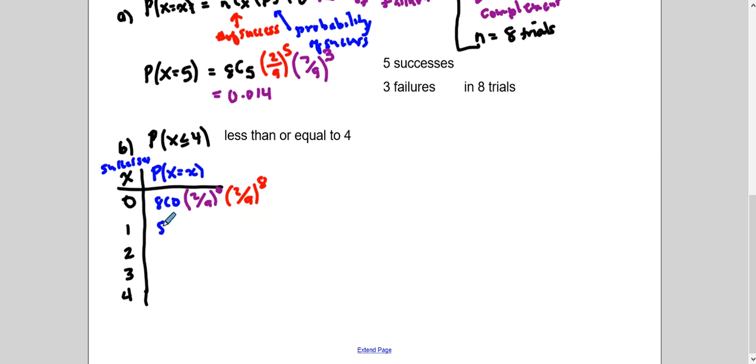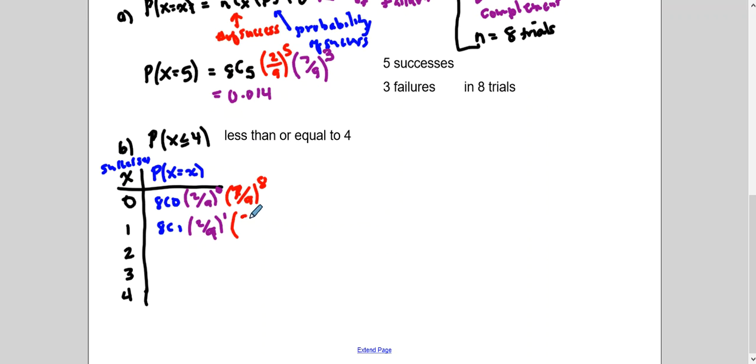So if I do 8 choose 1, all right, well, let me do a different color. If this is 8 choose 1, this is 2 over 9 to the power of 1. Well, that's supposed to be a 7, my fault.